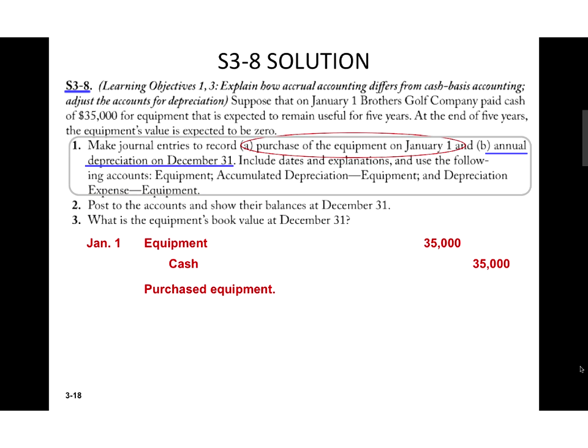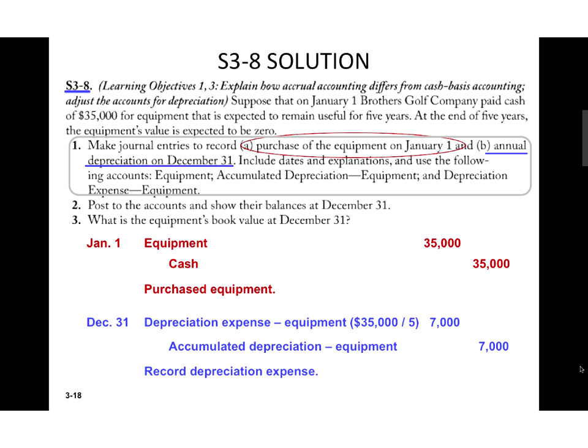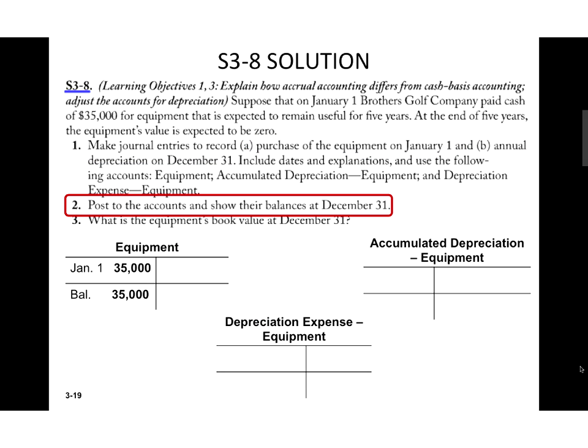Okay, so the first one, equipment. We saw back there, equipment had a debit of $35,000. So in the T account, we put the $35,000. That's the only activity in the equipment account, so we can draw a line and drop the balance in there. Next up, the depreciation expense. We had a debit for $7,000 there.